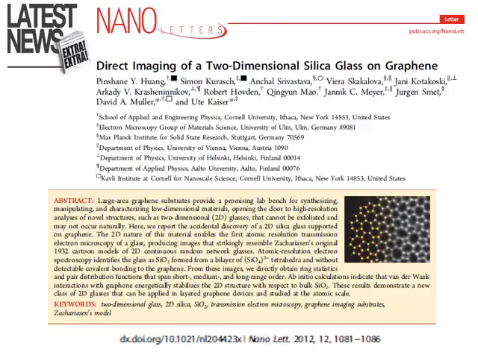Well, this paper was published in 2012 in Nano Letters. These guys took graphene as a lab bench and deposited a thin film of silica to obtain a 2D glass supported on graphene. The 2D nature of the material enabled the first atomic resolution transmission electron microscopy of a glass, producing images that resemble Zachariasen's original 1932 cartoon model of 2D continuous random network glasses.